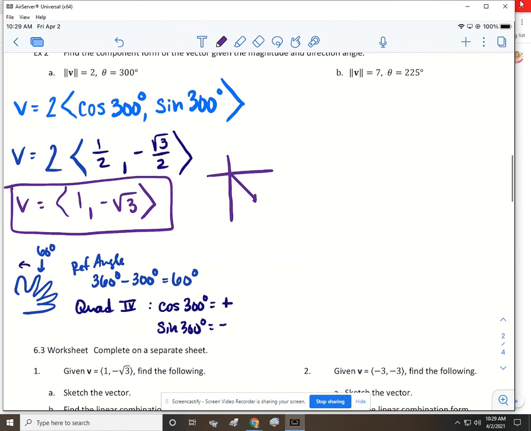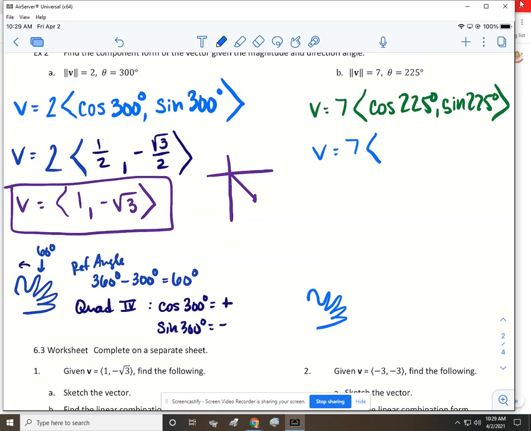Okay. So let's look at this last one. For this vector v, we're going to take the magnitude and multiply it by the cosine of 225 degrees, sine of 225 degrees. Now, if we have to do this on our hand trick, we probably already know what finger we're going to use, because if it's a special angle and you're going to use a finger and the angle ends in a 5, then it definitely has to be 45 degrees.